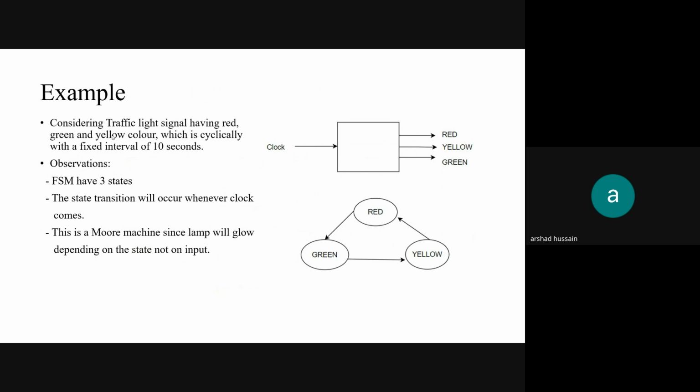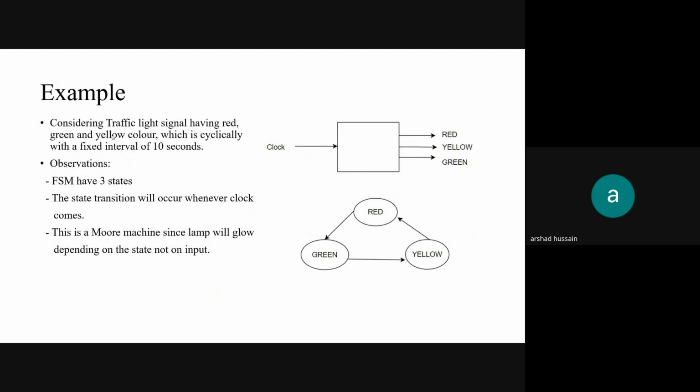As it has to remember the state, if the last time it was green, it has to be yellow next time, or if it was red, then the next time it has to be green, which can be captured by the state transition diagram. So this is an example of a basic Moore machine, as the output depends only on the state and not on the input, and there is no input in this example.